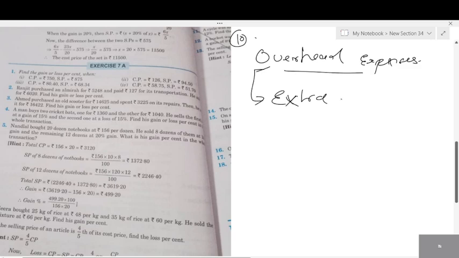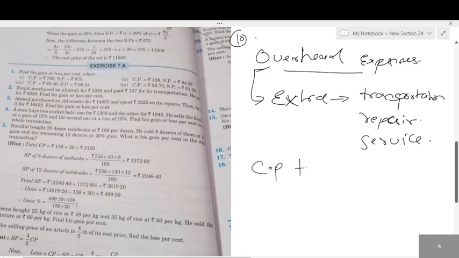The extra amount can be on transportation, repair cost, all these are known as extra amount or overhead expenses. Whenever words like transportation, repair or service are mentioned, you have to add the cost along with the cost price. Cost price plus overhead expenses.